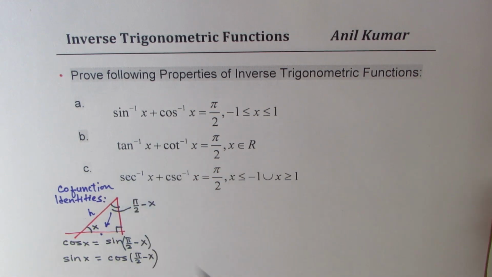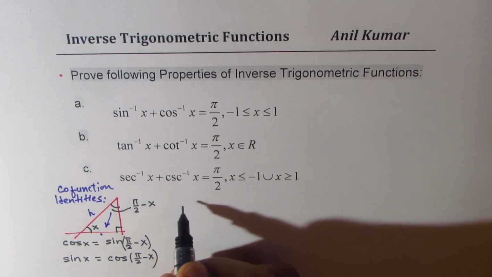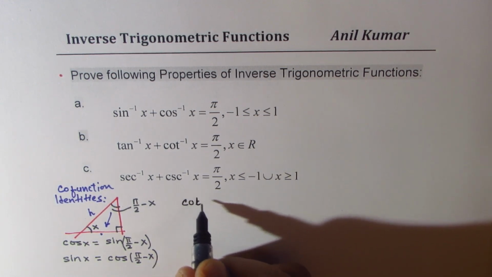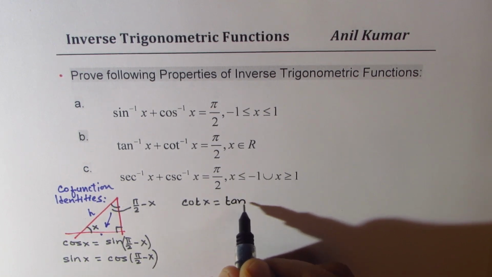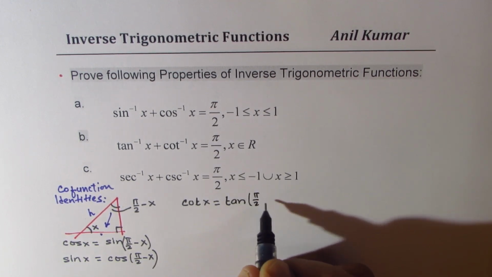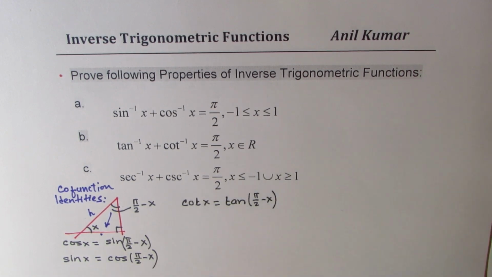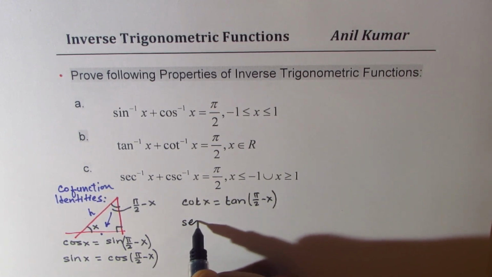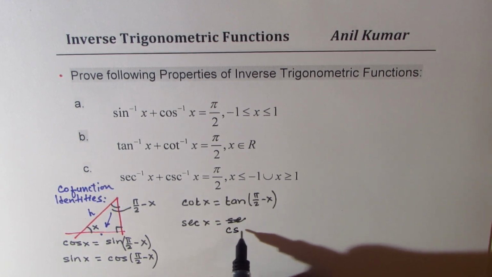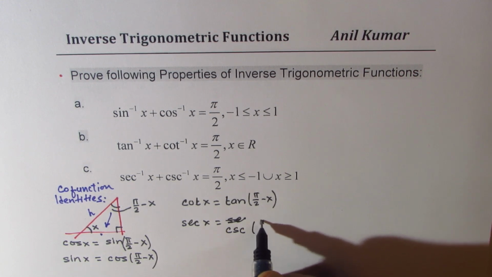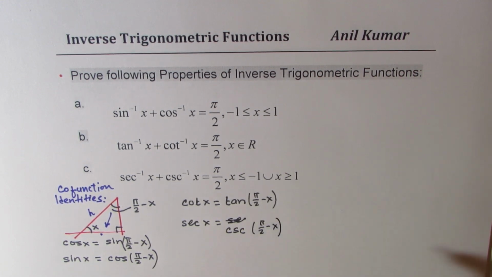Well, we could have written the same thing for tan and cotangent also. So we could write cot of x is equal to tan of pi by 2 minus x. The other way also, and we can also write secant x is equal to cosecant of pi by 2 minus x, correct?